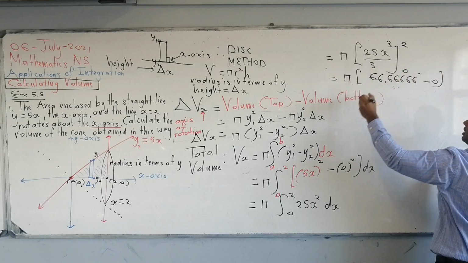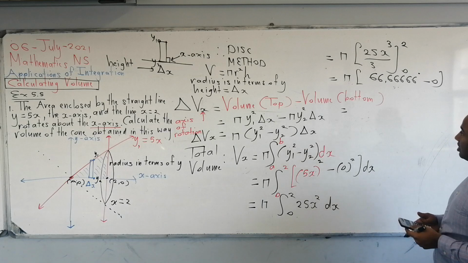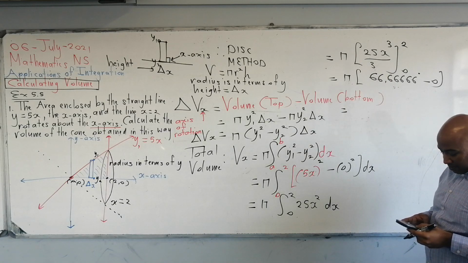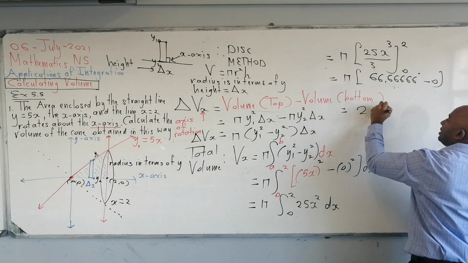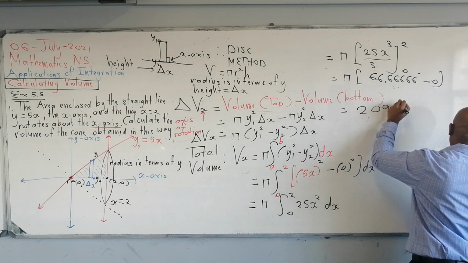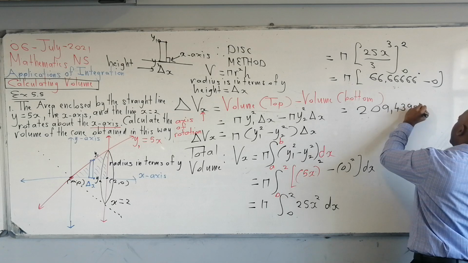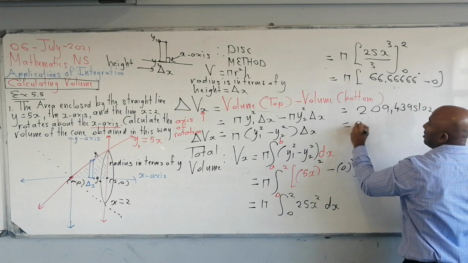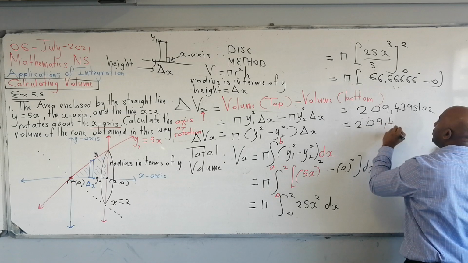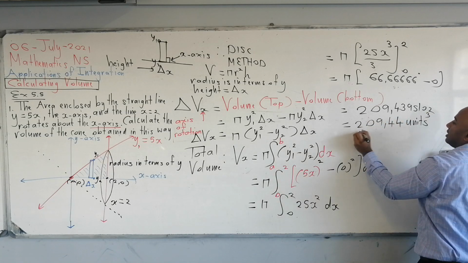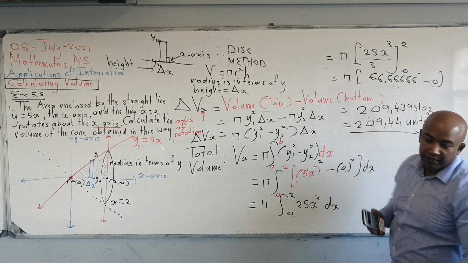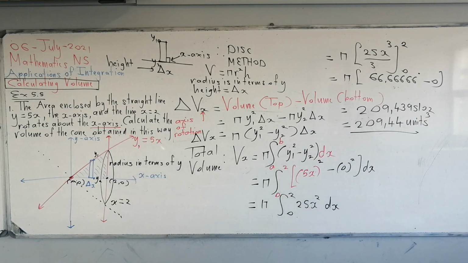This is the recurring, remember that. So 66.66 recurring times pi is equal to 209.4395102. Round this off, it's 209.44 units to the power 3, because we are dealing with volume. Volume is units to the power 3. And that is the first example.